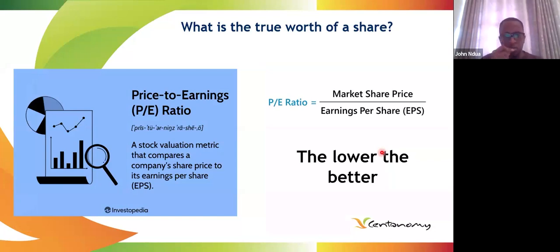What this gives you is, for example, you're walking to two merchants and they're both selling the same type of potatoes, but one merchant is selling at a cheaper price than the other. Of course, you'll buy the cheaper one because it's the same thing, but it's selling at a cheaper price. It's a better value for money. This is what price to earnings does. It tells you of the two companies, which one is offering you a better price.